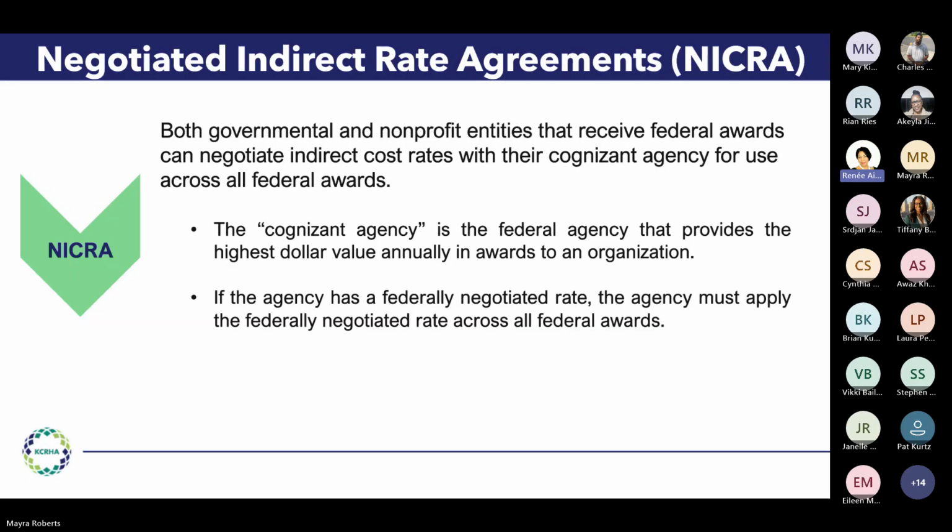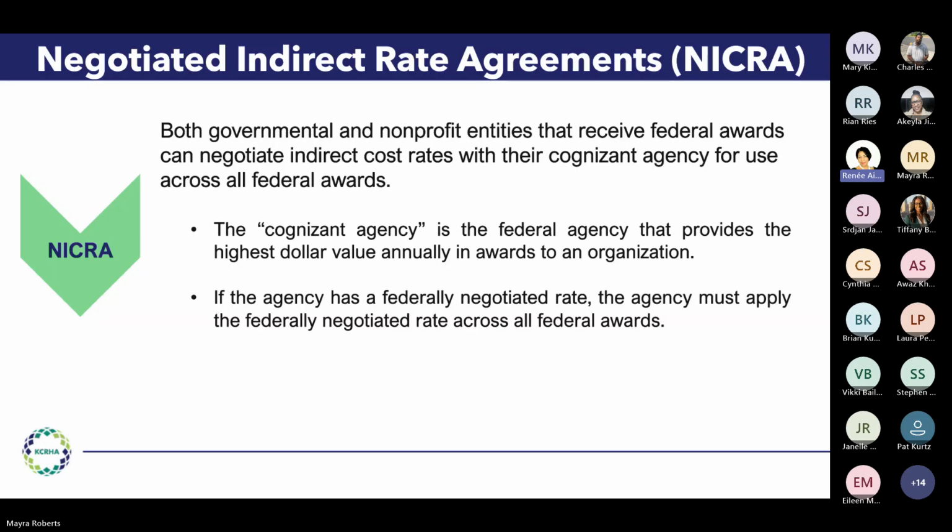KCRHA is not currently a cognizant agency. We don't do that yet. So generally it's going to be your federal agency, it's going to be HUD. It's going to be something you've negotiated with HUD, right? The cognizant agency is the federal agency that provides the highest dollar value annually in awards to an organization.